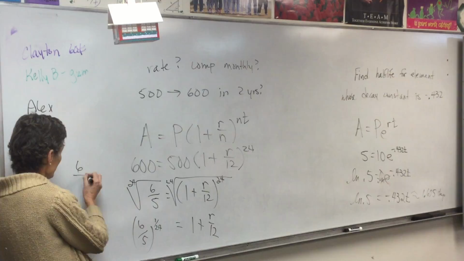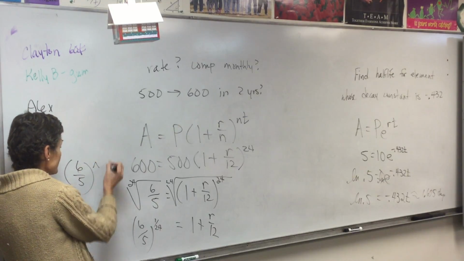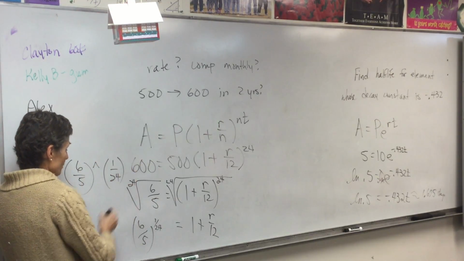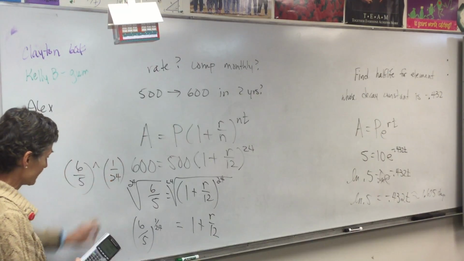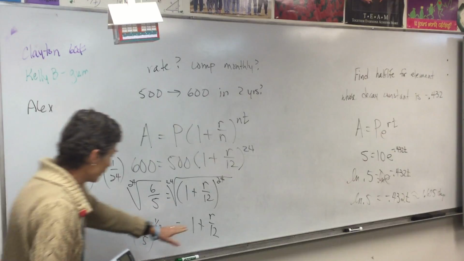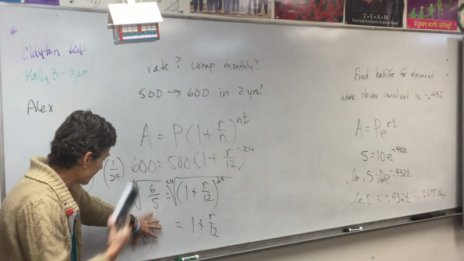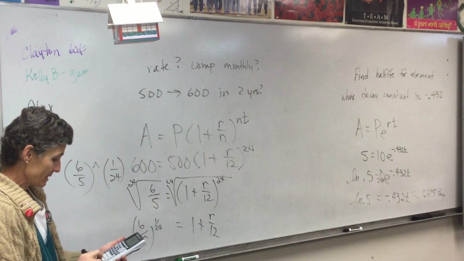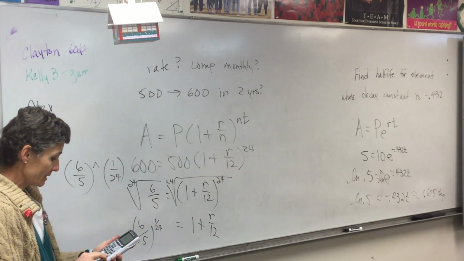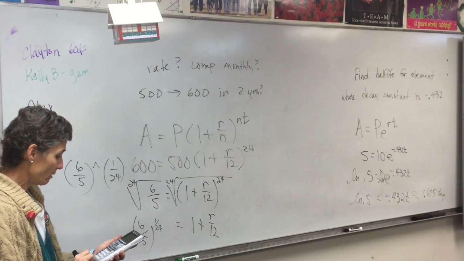I did 6/5 raised to the 1/24th power. These parentheses are all necessary. Now, what do I need to do to get r by itself? So this number is on my calculator right now. So what do I need to do? Minus 1 and times by 12.